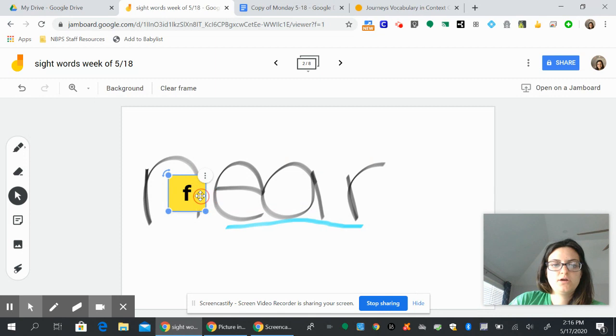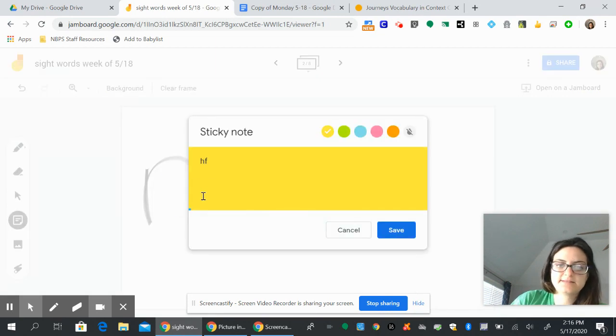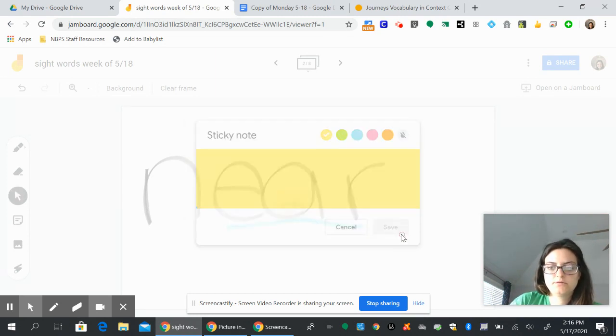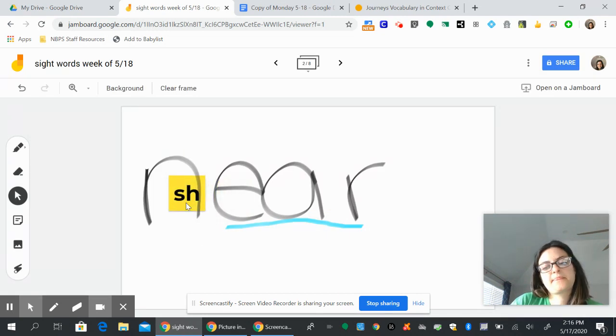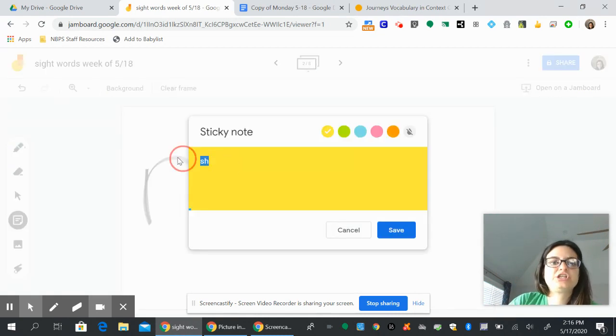Fear. What if I make it this word again? No, we did that one. What about this one? Sh, ear, sh, sheer. Sheer means it's like see-through.